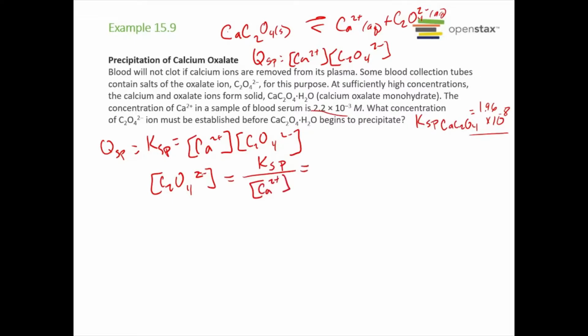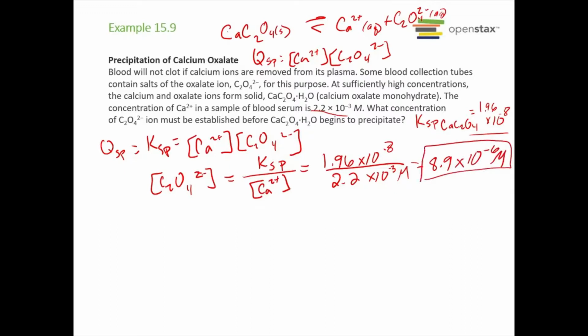So that is 1.96 times 10 to the negative 8th power divided by 2.2 times 10 to the negative 3rd molar. And this gives us 8.9 times 10 to the negative 6 molar.